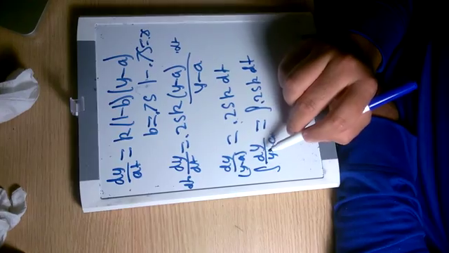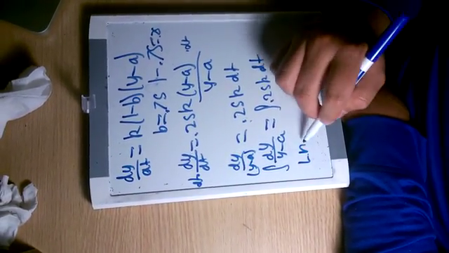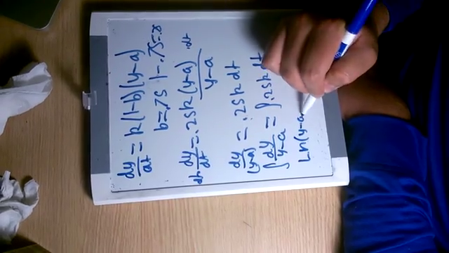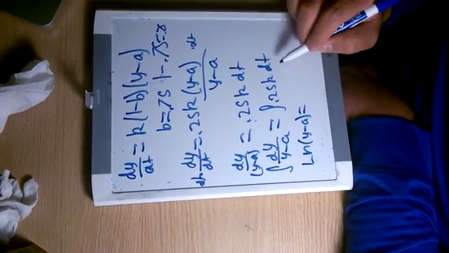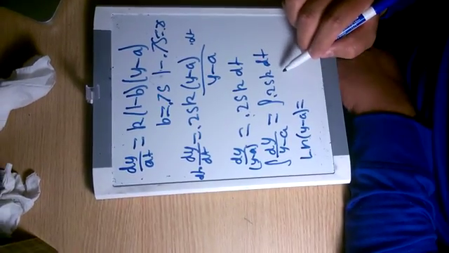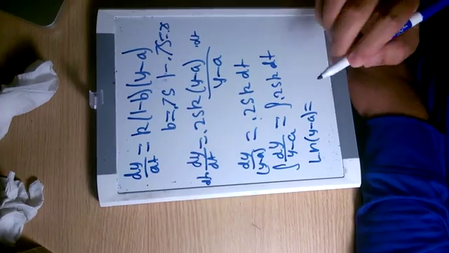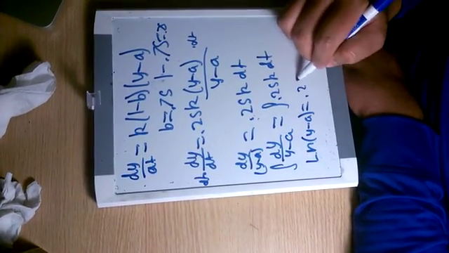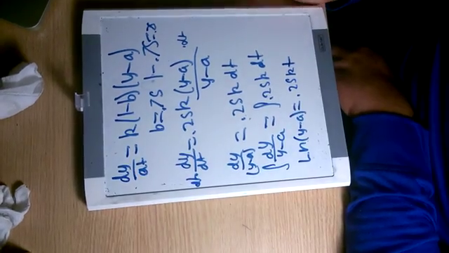Alright, and we know the integral of dy/(y - a) becomes ln of y minus a. And the integral of 0.25k, as I told you, we're treating as a constant, so we're integrating in terms of t, and it becomes 0.25k times t.